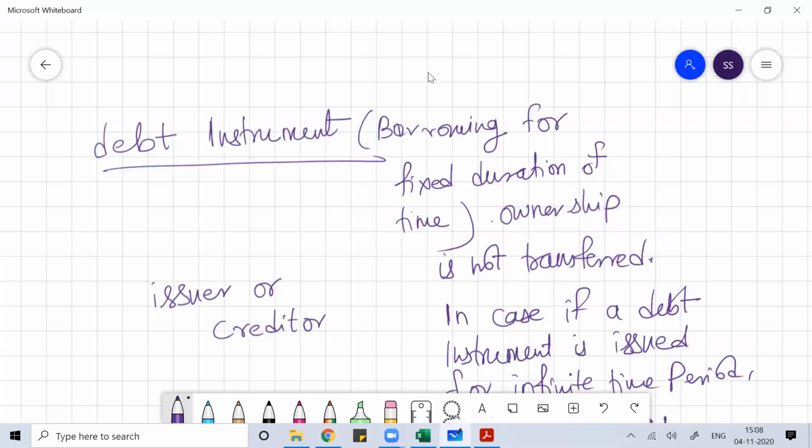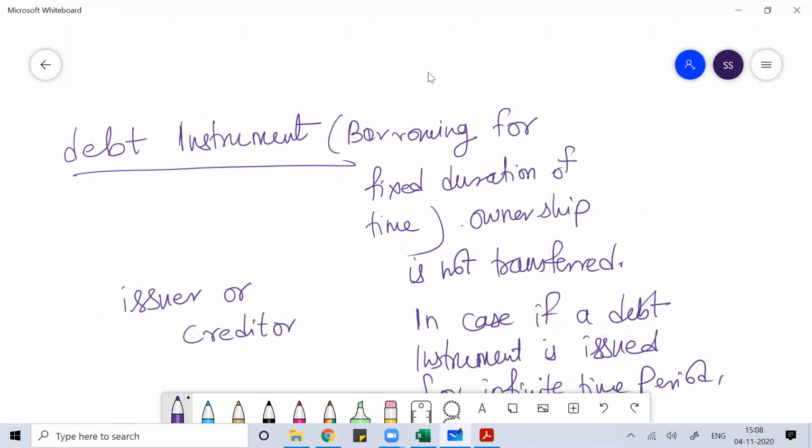Normally, whenever debt instruments are issued, they are issued for a definite time period, but the exceptions are perpetual bonds.